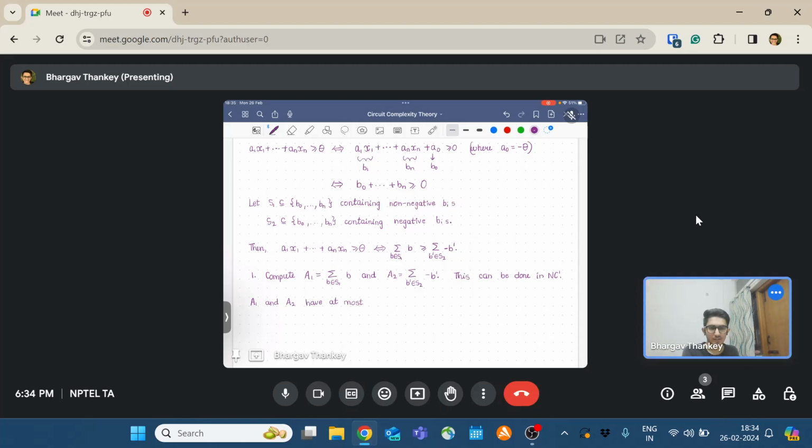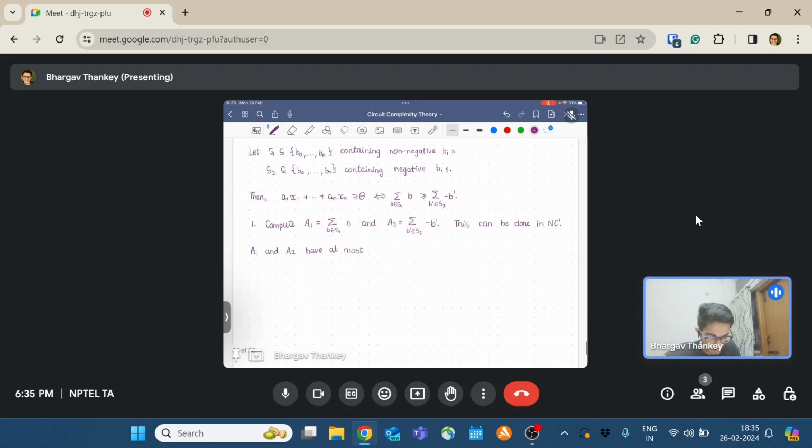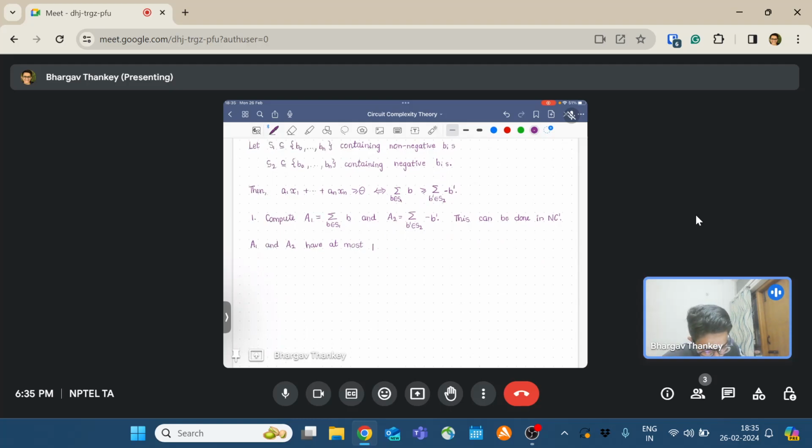Not exactly. You have m numbers, and each of them is n bits, so each is less than 2 to the n, right? When you sum them up, the sum is at most m times 2 to the n. So it's n plus log m, but let's not worry about it. Both of them are just poly n bit numbers, right?